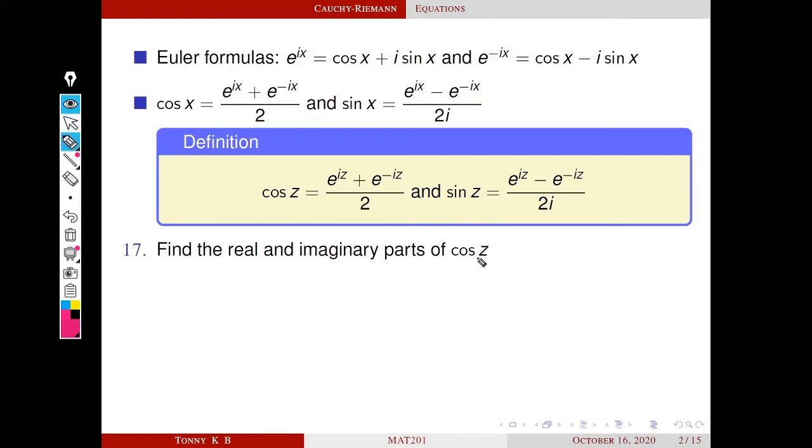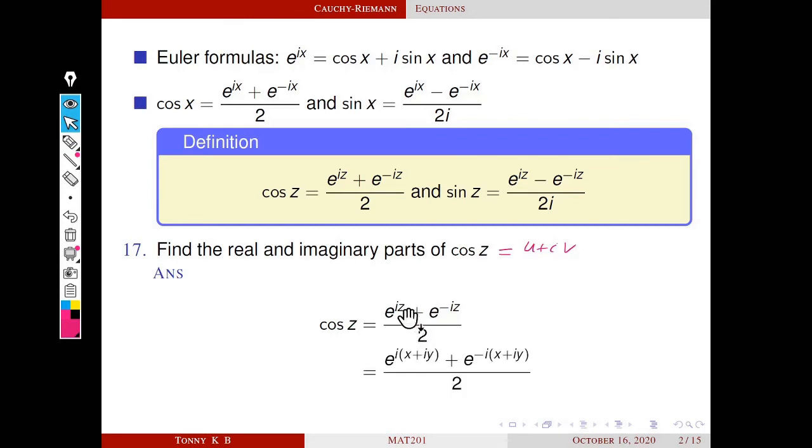That means now cos z is a complex function, so it has real and imaginary parts u and v. So we have to find this u and v, and u and v are real functions, right? This is the definition of cos z. We substitute z equal to x plus iy, then we get like this.